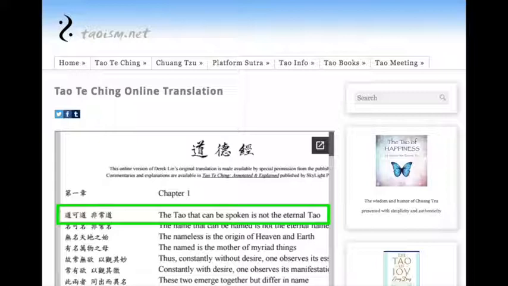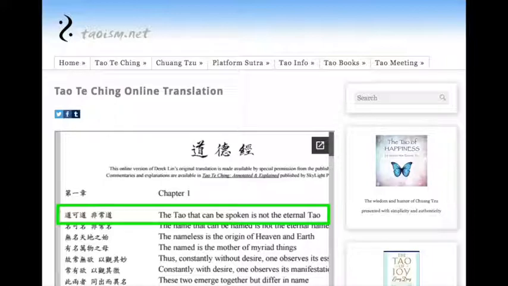So chapter 1 begins with Dao Ke Dao, Fei Chang Dao, and that says the Tao that can be spoken is not the eternal Tao. So a well-known line from the Dao De Jing because it's the first line, but it also sets the stage, and it's the reason for which the first half is called Dao Jing, the Tao Classic.